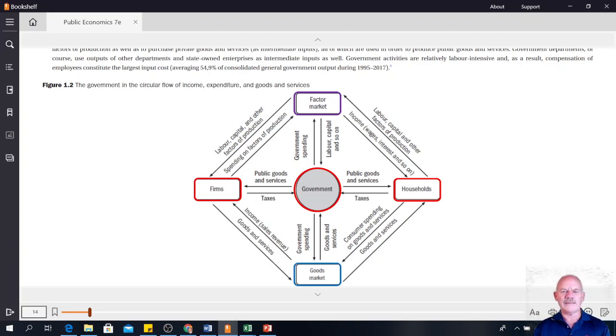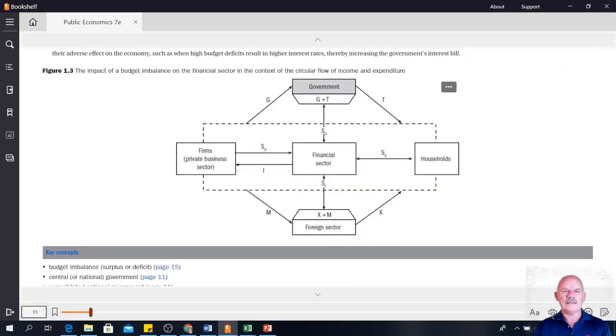Obviously, the government buys lots and lots of goods and services from the market. Just think of COVID-19, how much medicine they have to buy from the pharmaceutical companies, and which they give free to households that don't have medical aid. So the government is very active in that market as well.